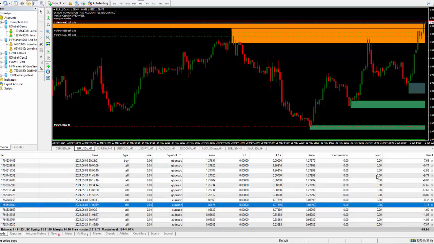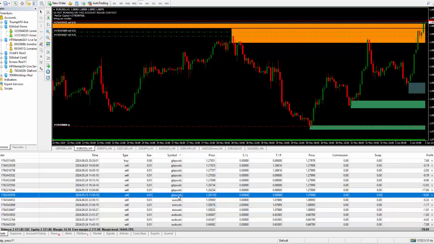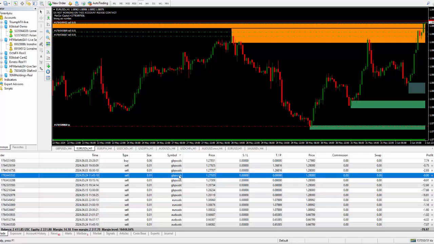Okay. So now we have here expert 1, expert 1, expert 1, expert 1, expert 1, expert 1, expert 2, expert 2, expert manually placed. Okay, that means we have expert 2, expert 2. From here is where the robot expert 1 traded, because it's the expert 1 trade that hedged, not expert 2.